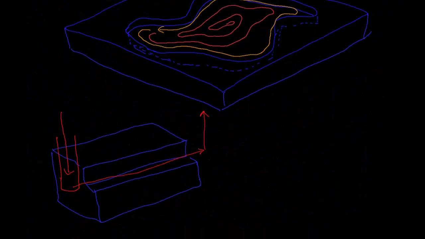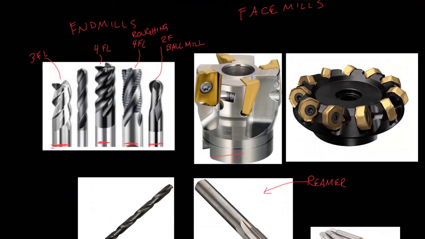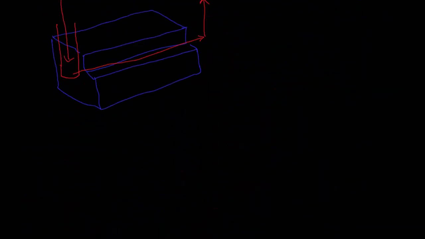So finally, I'm going to just talk about face milling. So these are really meant for taking off the surface of the parts. So let's say you have a cast part. That cast part looks like this.